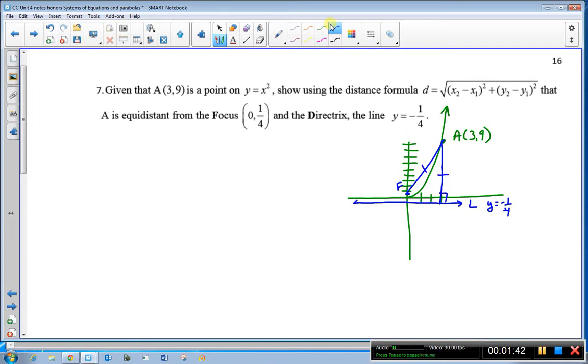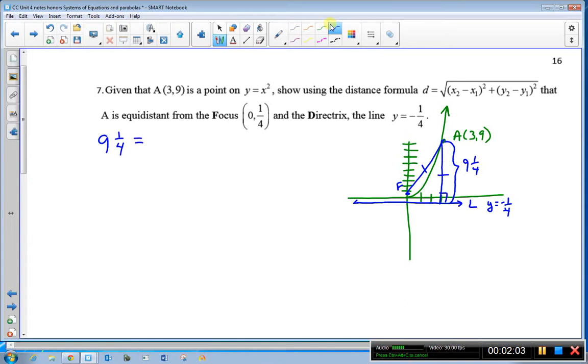And that's perpendicular. So don't we already know the distance from the y-coordinate 9 down to the line y equals negative 1/4? Isn't that a distance of 9 and 1/4? So we already know that distance, so that's nice.